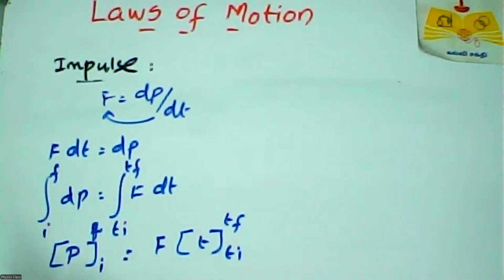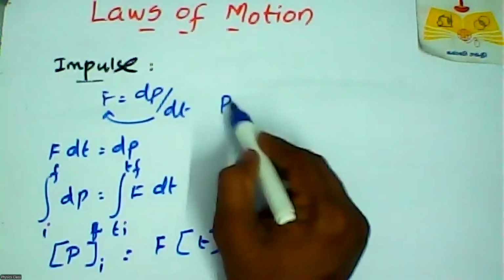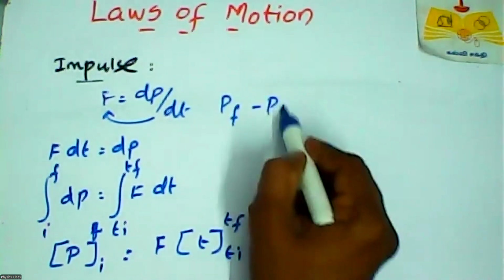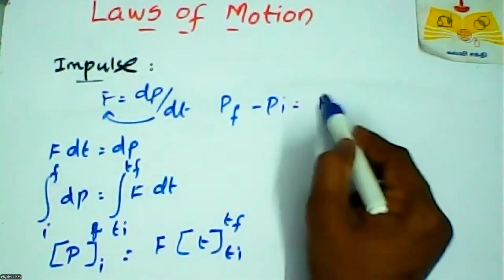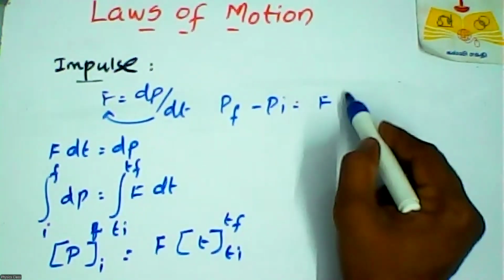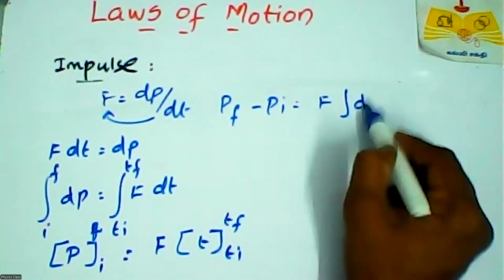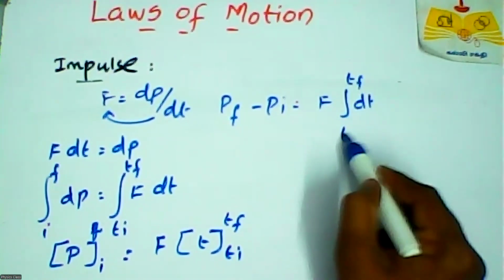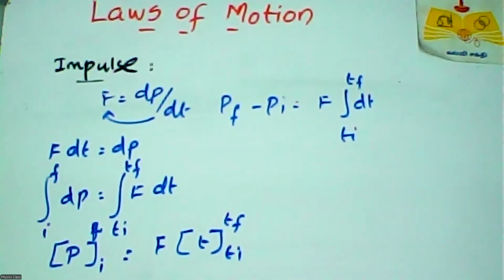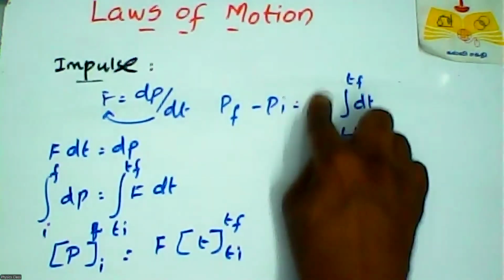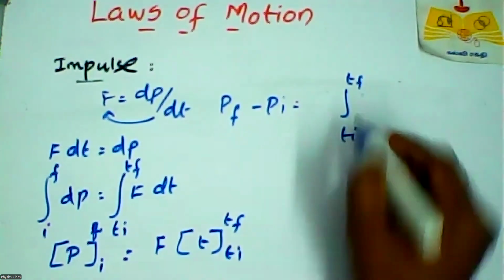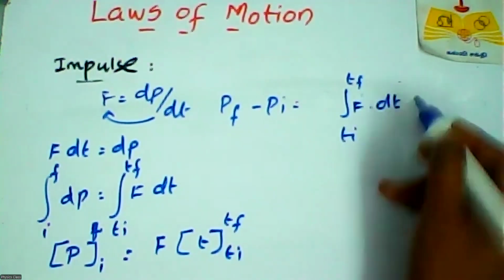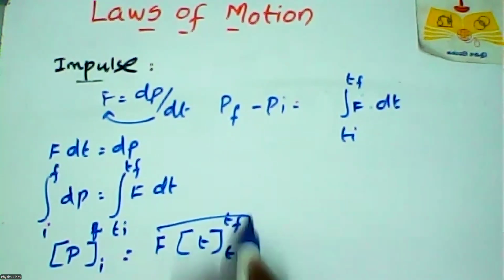So final momentum minus initial momentum gives F dot dt. I can put it like this, F dot dt. I don't need this term.